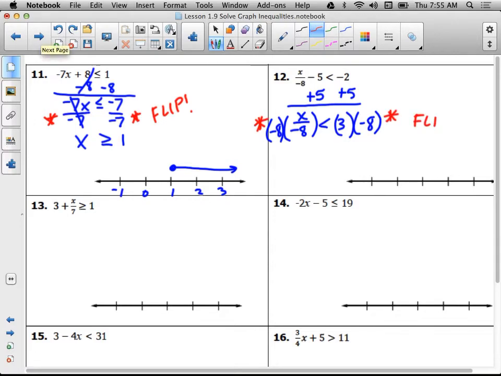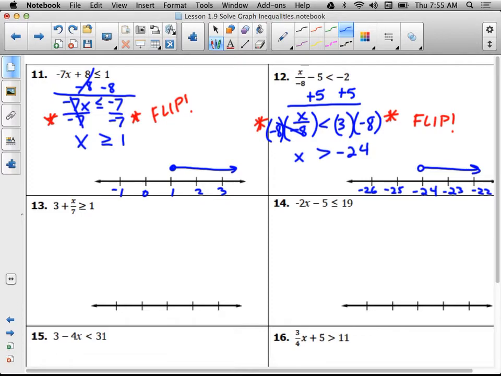We need to flip it. So what we're going to get here is x is greater than negative 24. So I'll put a negative 24 on my number line. Okay, open circle at negative 24, and I'm going in the greater than direction.